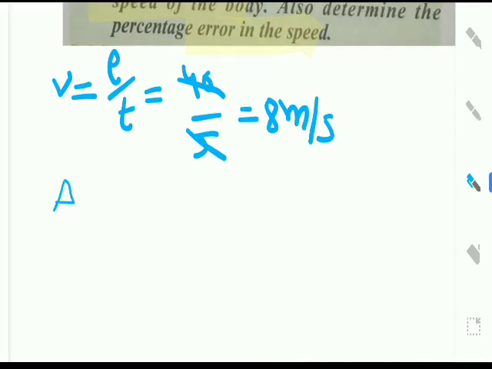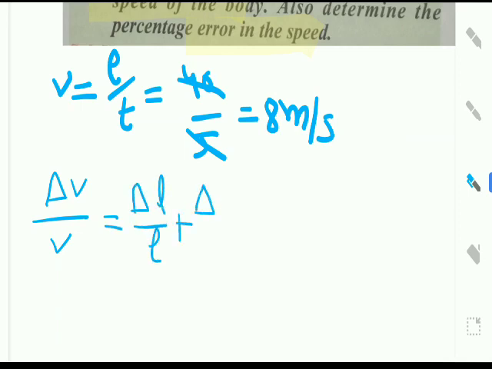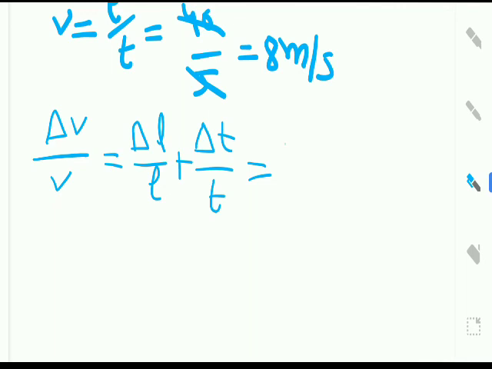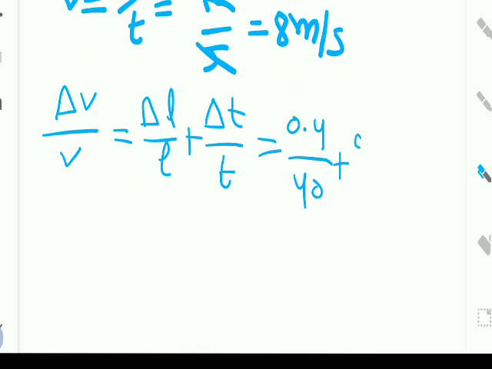Percentage error: delta V by V is equal to delta L by L plus delta T by T. So the delta L value is 0.4, and delta T value is 0.6. So 0.4 by 40 plus 0.6 by 5.